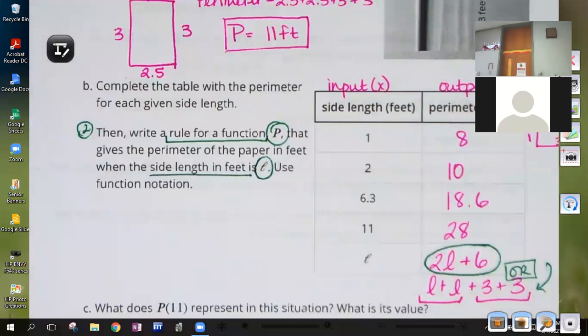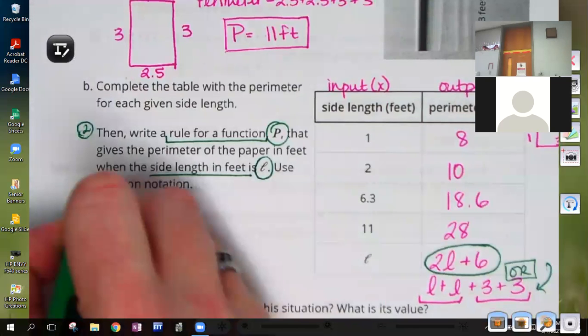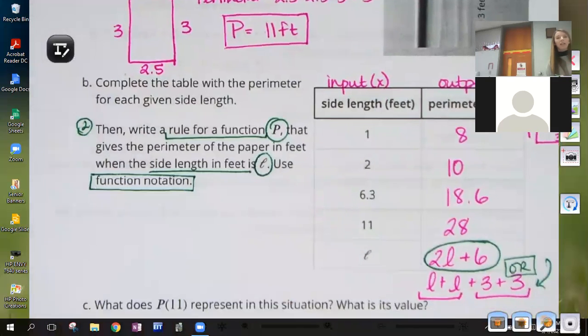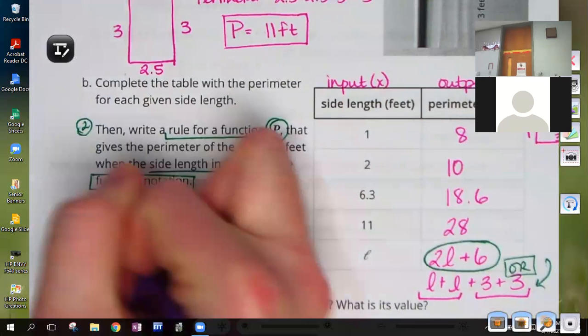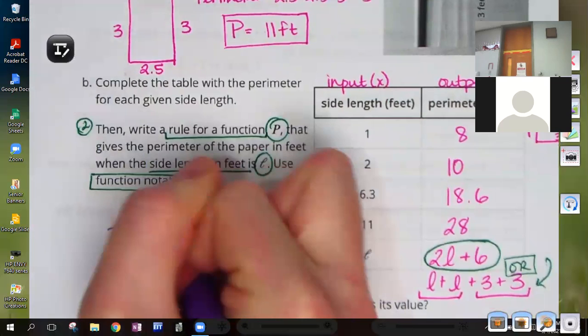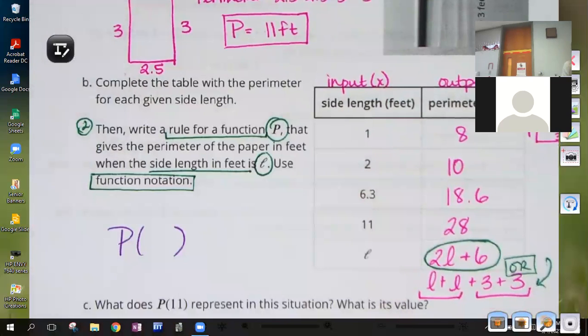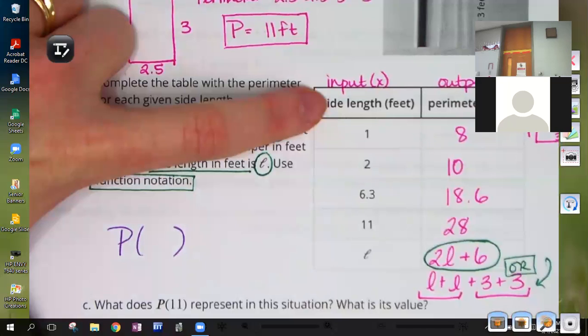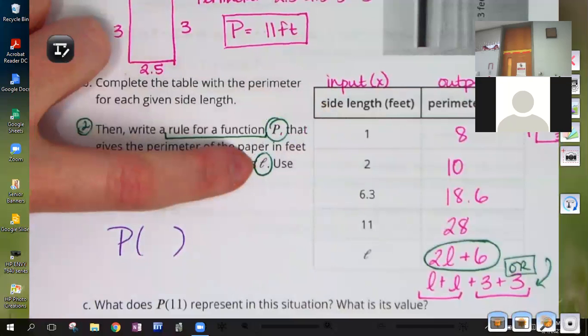Now it wants us once again to use function notation. When we're doing it, we start with the function name. What is the name of this function? P. All right, then we always do our parentheses. What goes inside of my parentheses every time? The input. What's my input talking about in this problem? Side length, which we use L.